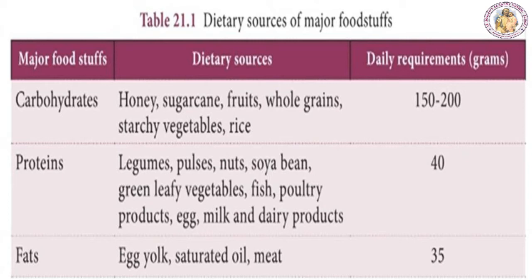Next, protein: legumes, pulses, nuts, soya bean, green leafy vegetables, fish, poultry products, egg, milk and dairy products; you should take 400 grams. Fats: egg yolk, saturated oil, meat; you should take 35 grams.